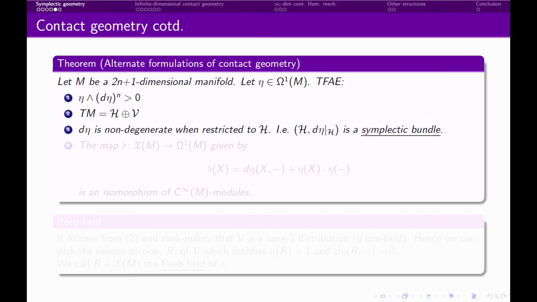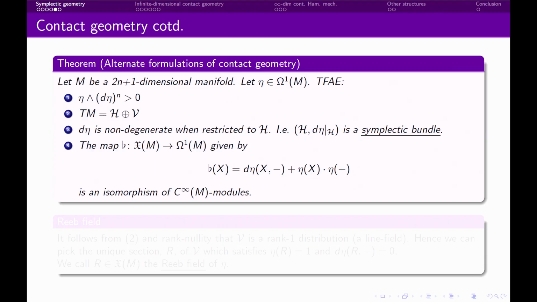So that means we have a sub-bundle which is a symplectic bundle. Importantly, we have this map flat, part of which is the contraction map we had before, but then we also add on this eta tensor eta. We want this to be, in finite dimensions, an isomorphism of C infinity(M) modules.